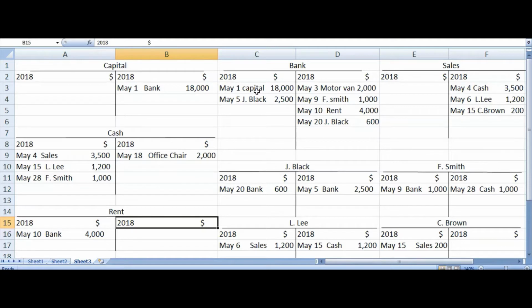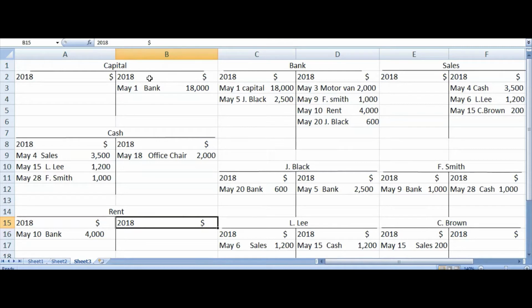So what we are going to do now is balance off the accounts. To balance off the accounts, we're going to use 4 or 5 easy steps. Our first step is to add up both sides of the account to find their totals, or another way we can say it is to compare both sides of the account.